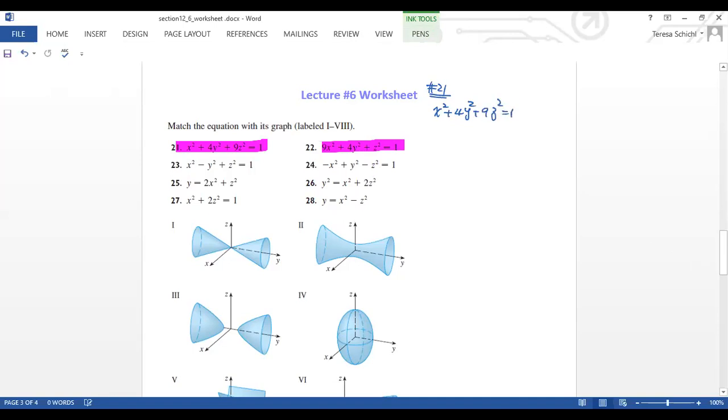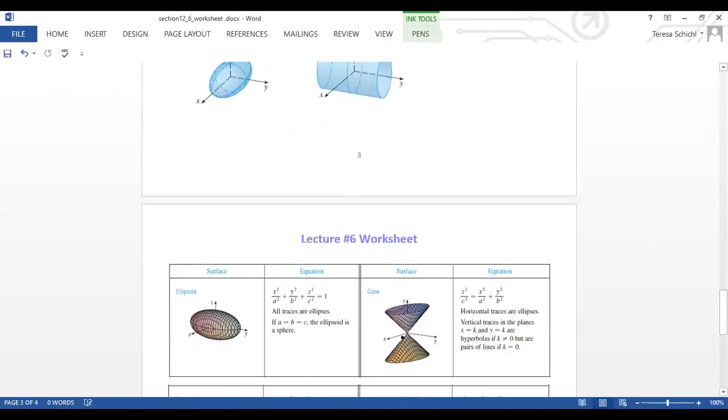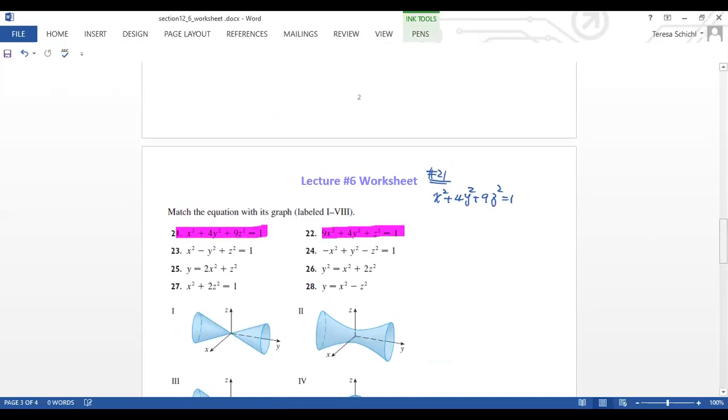If I want to change to the ellipsoid form, x squared over a squared, b squared, c squared, what I need to do is rewrite these. This is x squared plus y squared, so 4 I can change to 1/2 of the y squared, plus z squared, this is 1/3 squared, equal to 1, right? So this is number 21.